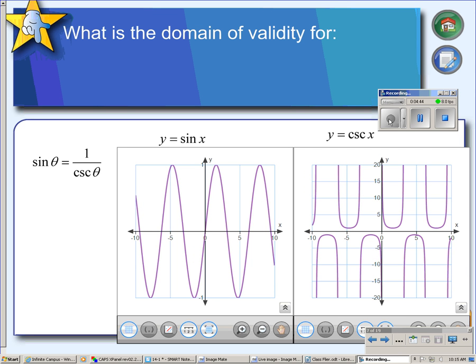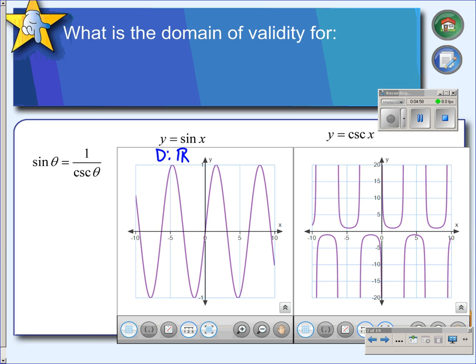Similarly, the identity sine theta equals 1 over cosecant theta has some blank spots in its domain of validity. The domain to the sine function is all real numbers, so there's no problem there. But the cosecant function, again, has these asymptotes. As you look, you'll notice the asymptotes for the cosecant are in a different location than they were for the secant.